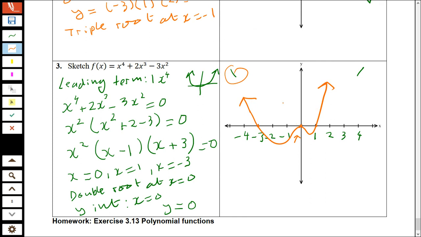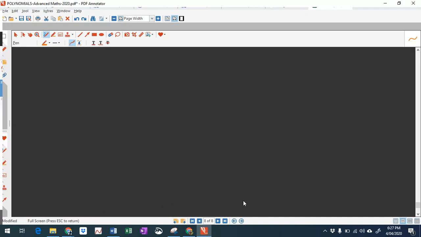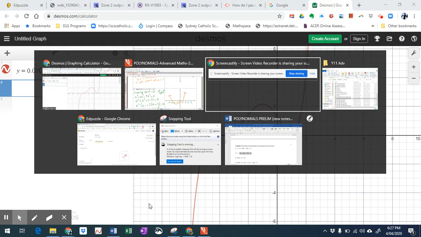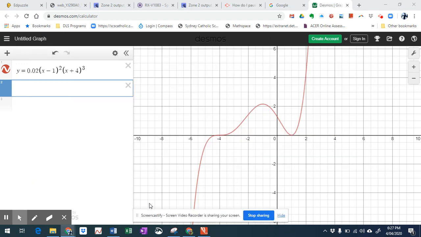Okay, so there's your model function. Okay, so you can now do the set questions, exercise 3.13 from your textbook.